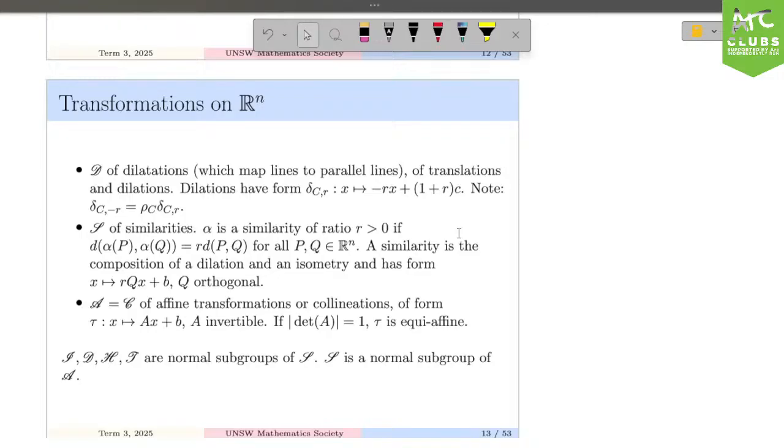The last one, and this is the most broad one, is affine transformations and collineations. A collineation maps lines to lines. And it can be very simply expressed in the form Ax plus b. And the only real condition is that A is invertible, and square, of course.